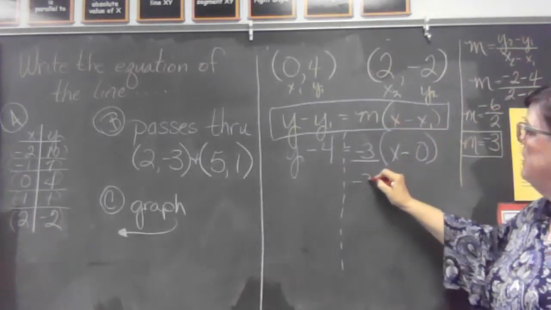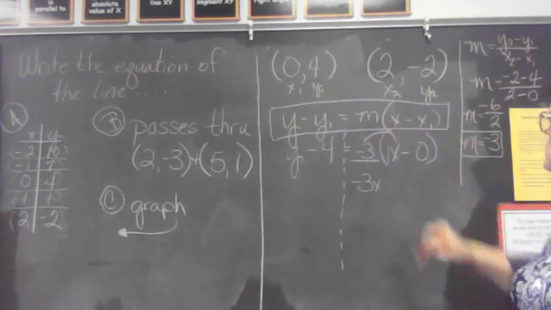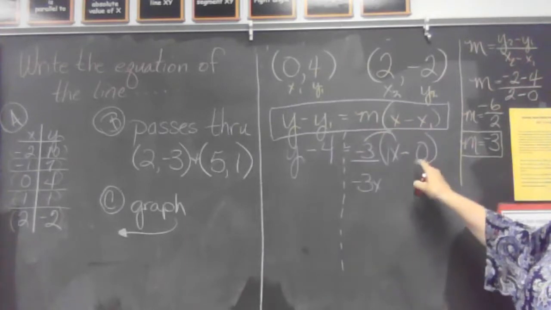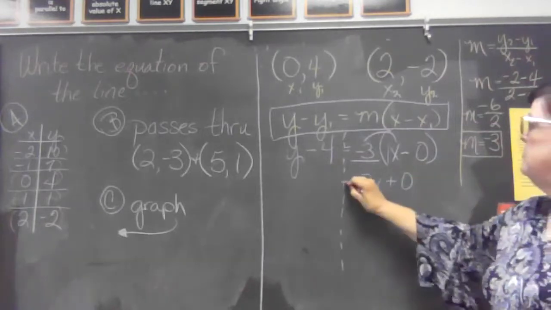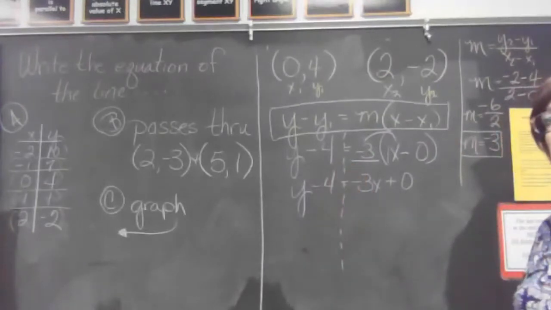So now I have negative 3x, because I multiplied negative 3 times 1x, and then negative 3 times 0 is 0, equals y minus 4. Okay? Good girl.